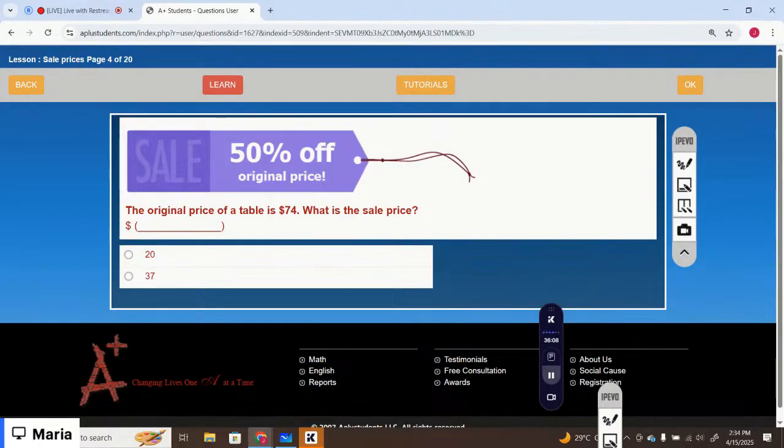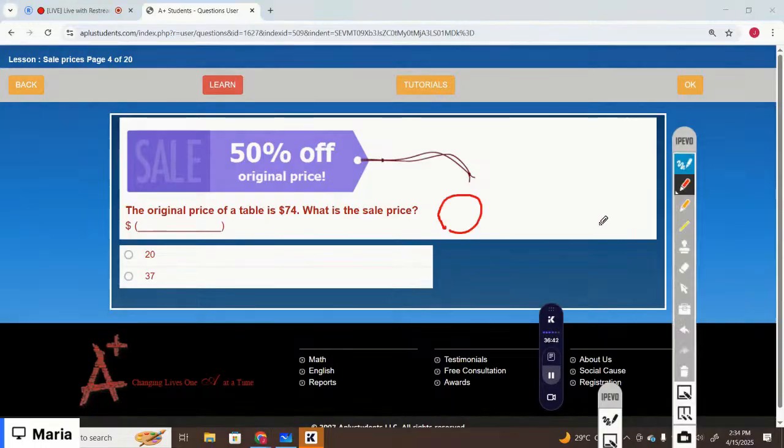The original price of the table is $74. What is the sale price? So again, that is 50% off.